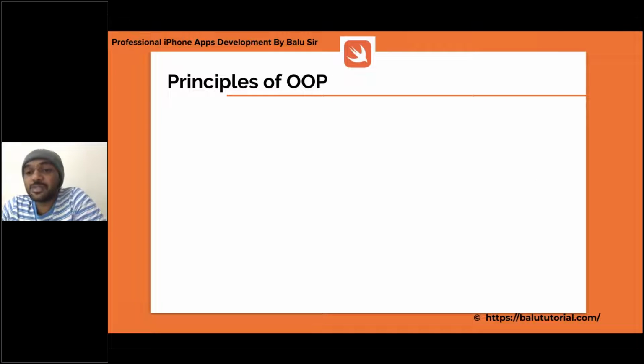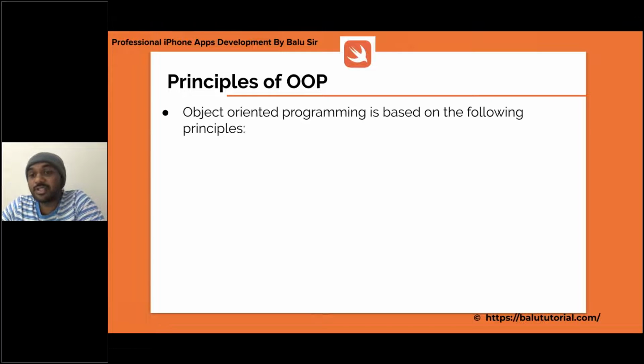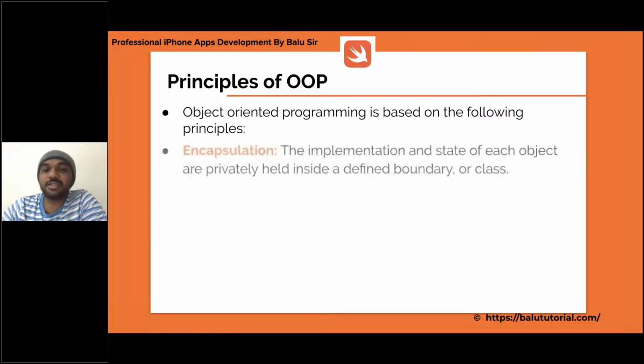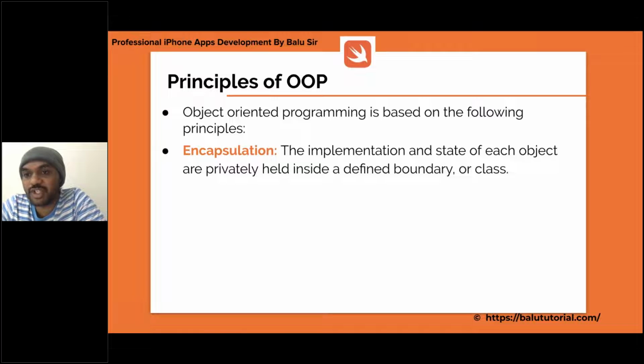Then, principles of OOPS. There are four principles for object orientation. Object oriented programming is based on the following principles. The first principle is called encapsulation.